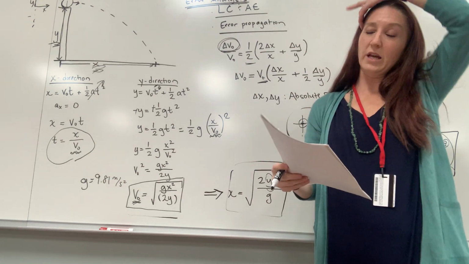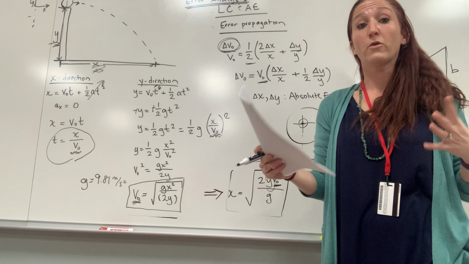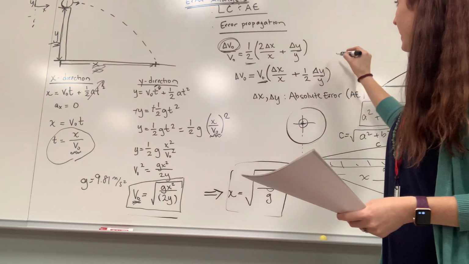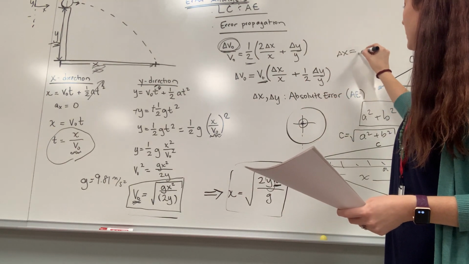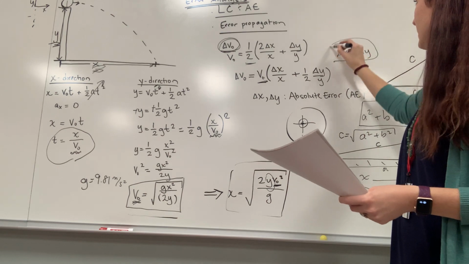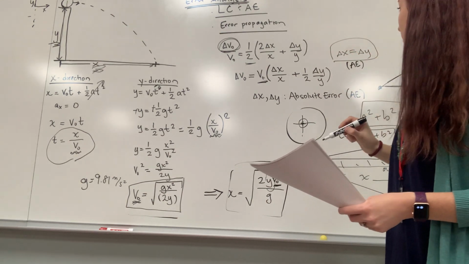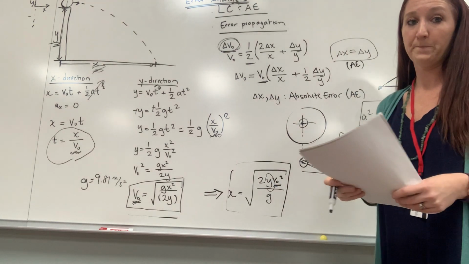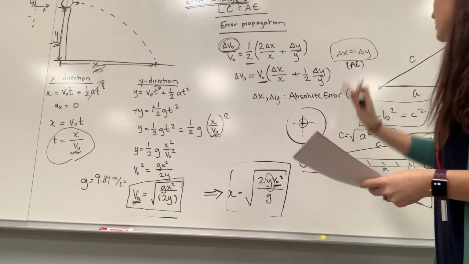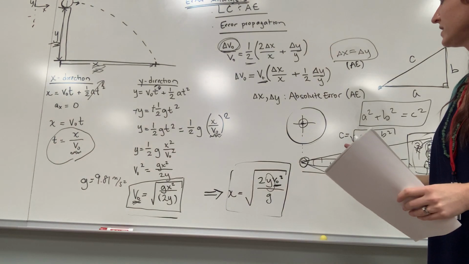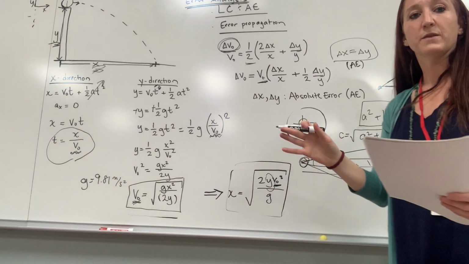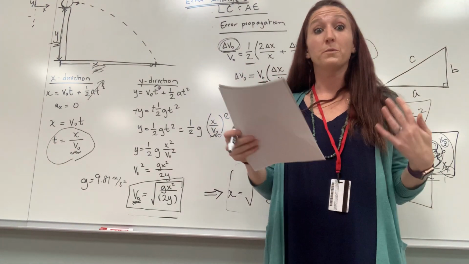Because we are using meter sticks and rulers for both measurements, your delta x should be equal to your delta y in this lab, okay? And they both should just be your absolute error, okay? So we've seen these numbers before. Do not overcomplicate this. We've seen in the past, our rulers are double-sided.